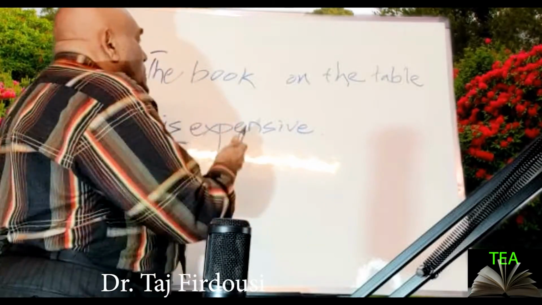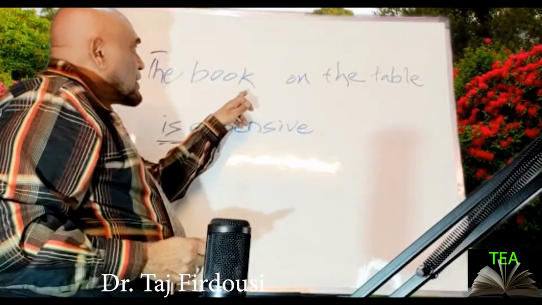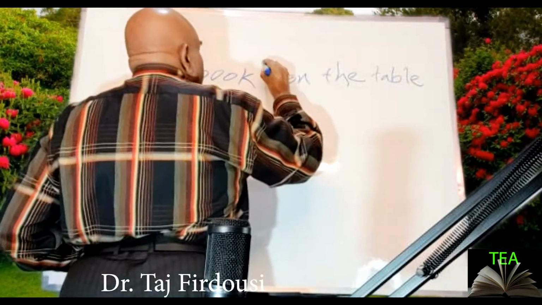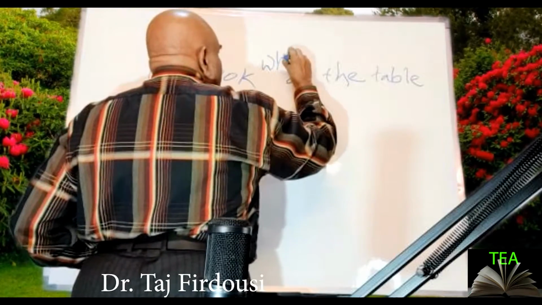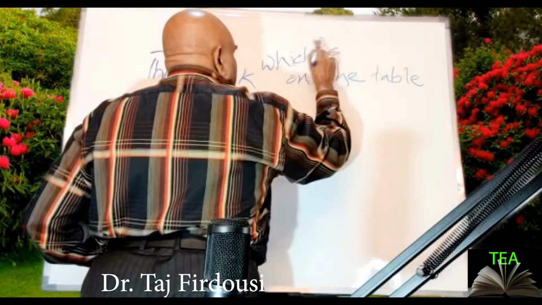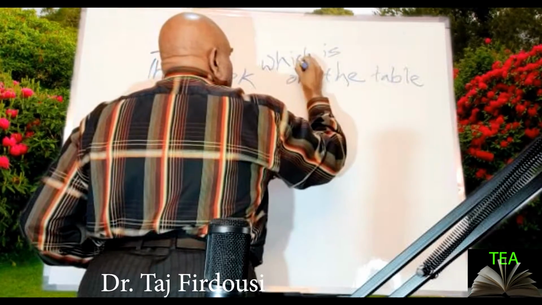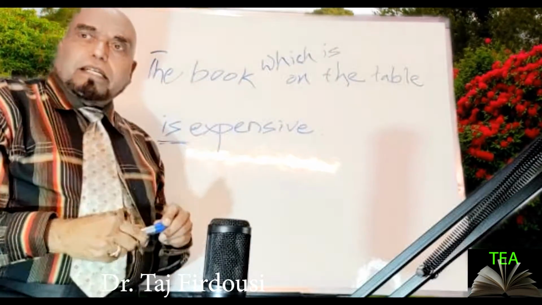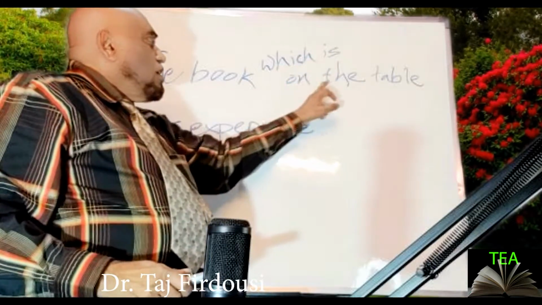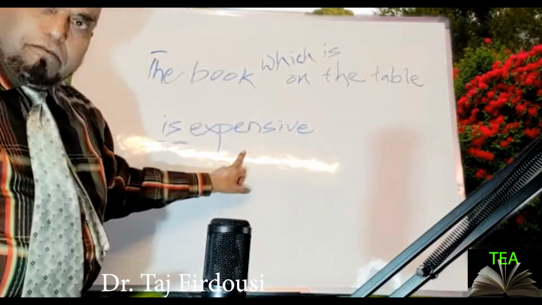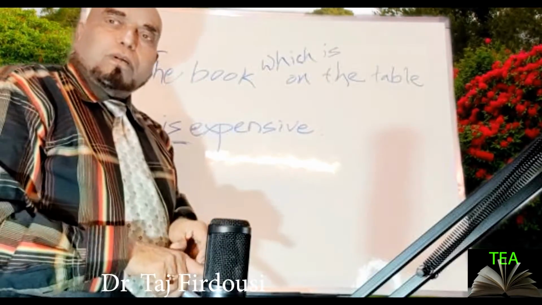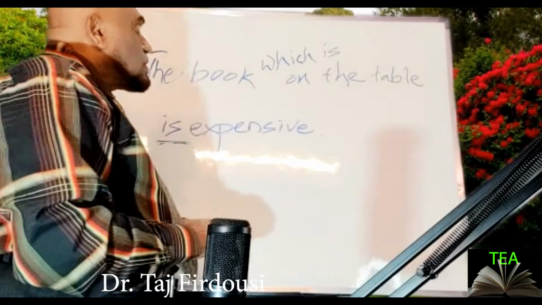Without this, the meaning is clear. And if you want to give more information about which book it is, you can add which is. The book which is on the table is expensive. So there are two verbs and therefore two clauses.